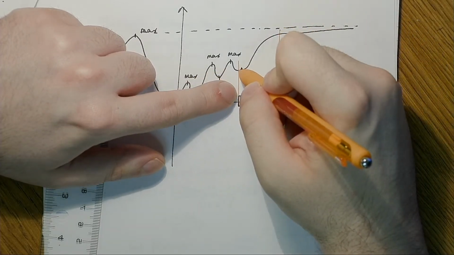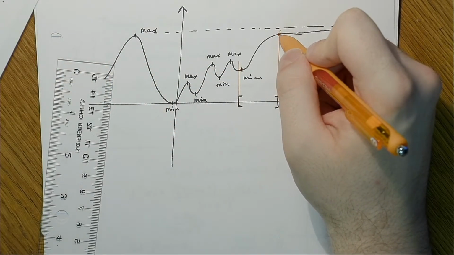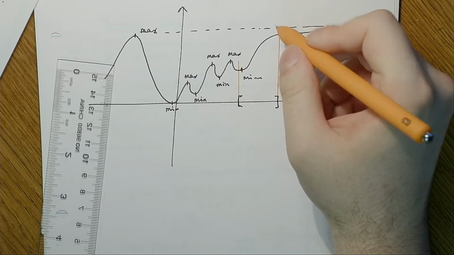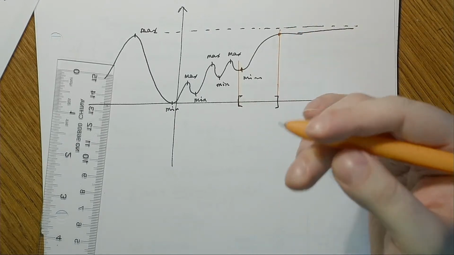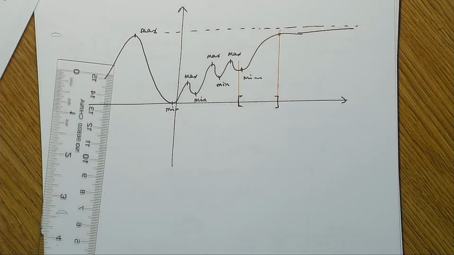And over here, I'd look at the endpoints, and this is where it obtains the maximum value, and that is the maximum value. As soon as we have a closed interval, we're guaranteed both a global minimum and a global maximum. But that is not the case when we're working on an open interval.